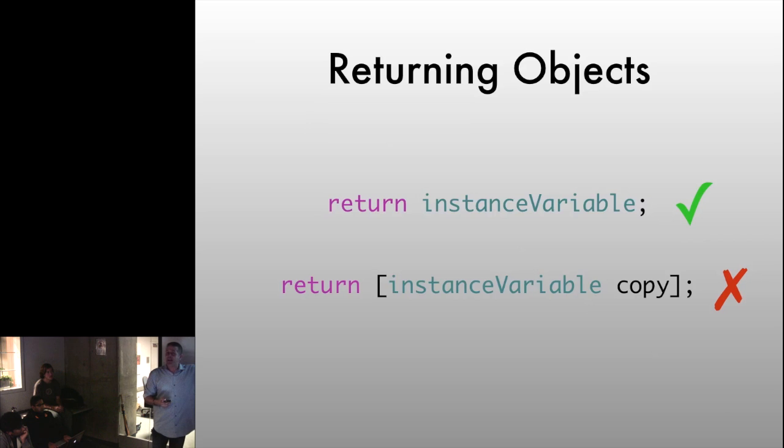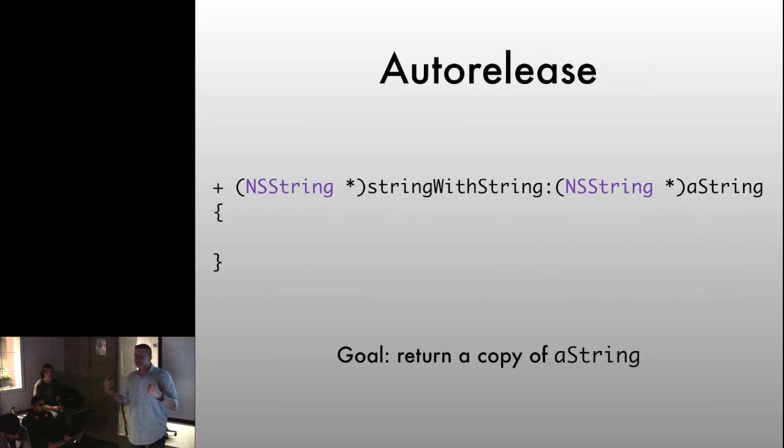We don't want to return back a copy, because if we return back a copy, then we're going to be responsible for releasing both of them, or for making sure that the object that we copied gets released, and who's responsible for the copy now? Very confusing. So in comes autorelease.